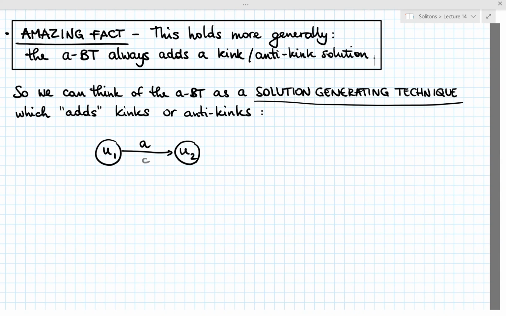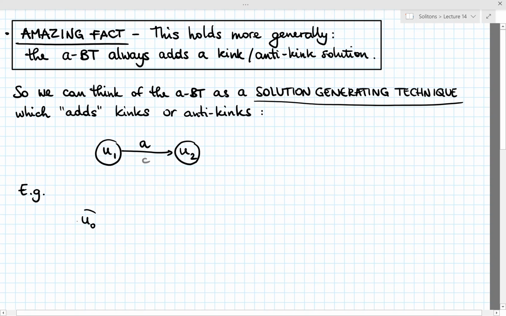So earlier I called one of the solutions U and the other solution V, but now I'm going to use U1, U2, U3, etc. from now on. So notice that we can add the kink or anti-kink wherever we like, depending on the integration constant C, and with whatever velocity we like, depending on the parameter A. Another example of such a diagram would be the following.